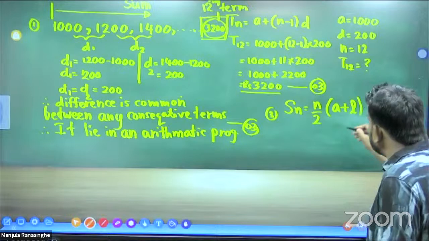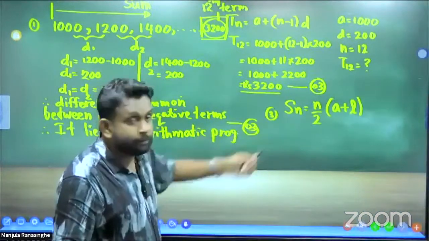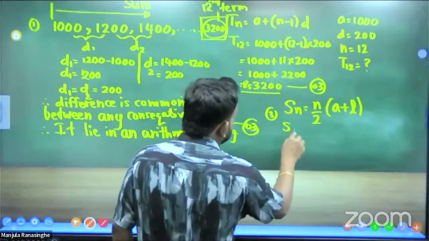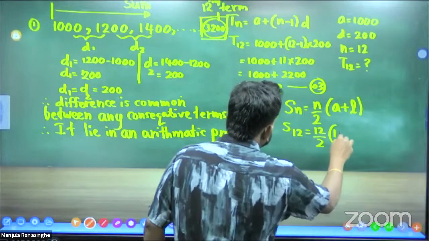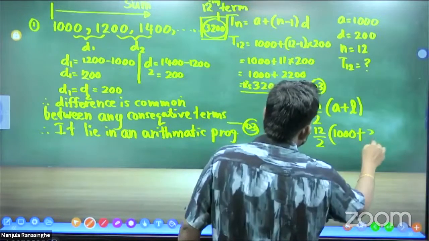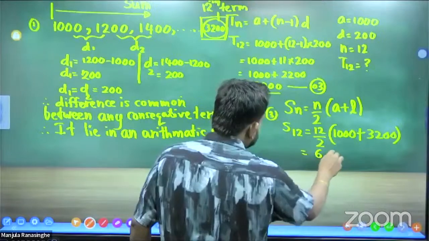Now you apply here. n is 12, so 12 upon 2 into (a plus L), where a is 1,000 plus L is 3,200. Then simplify: 12 upon 2 means 6.